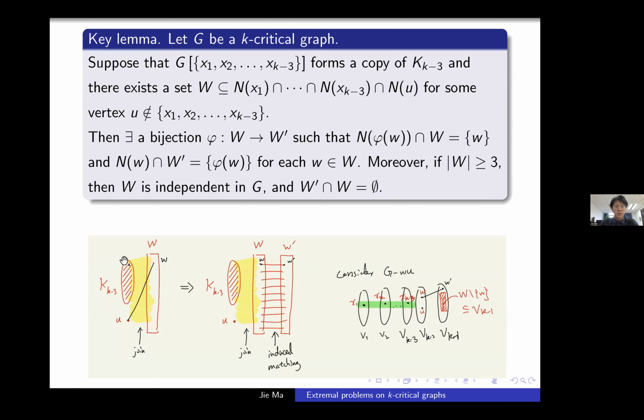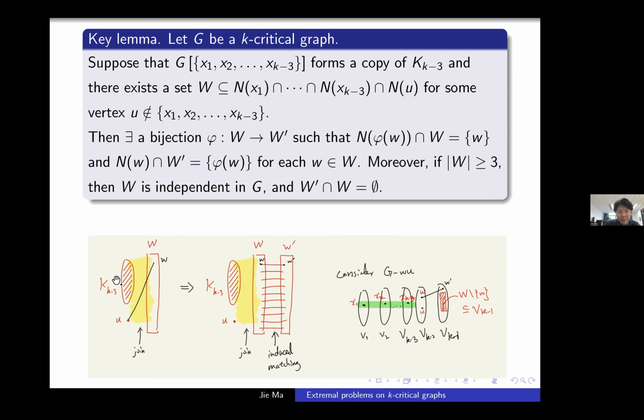here. So suppose now we have a large complete bipartite graph. This is W, and say this is another set. It's also huge, right? So in principle, we can do both sides, right? From W, we can have a W prime, and from this side, we can have another matching.